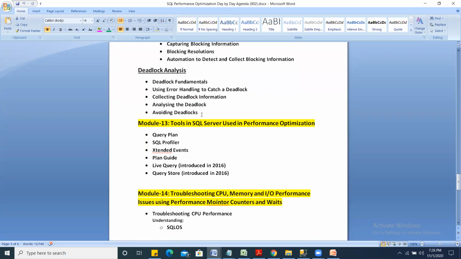Using Extended Events, you can capture deadlocks, but in textual or XML format, not in graph format. So if you want to capture the deadlock in graphical format, you will have to use Profiler in that case. But we can automate capturing of deadlocks using Extended Events as well, and send mail to the administrators.